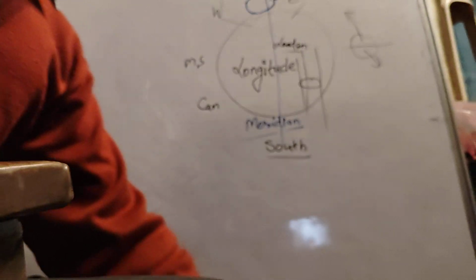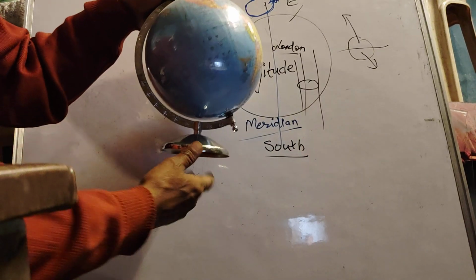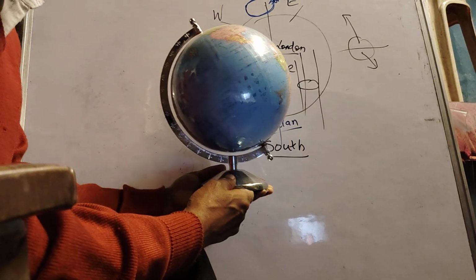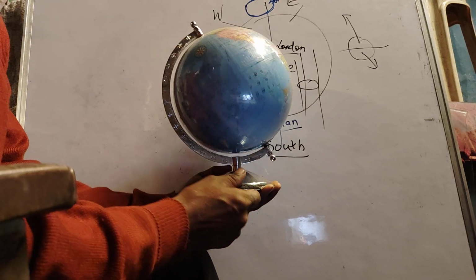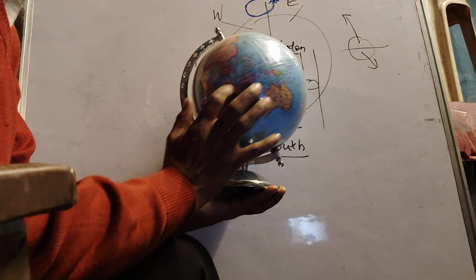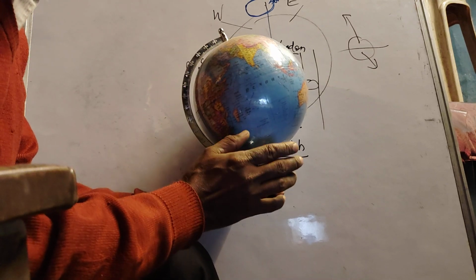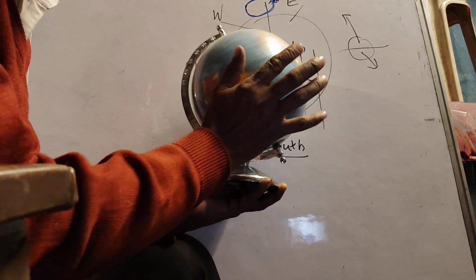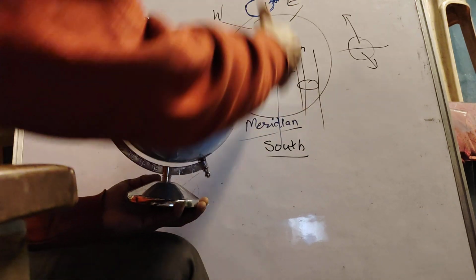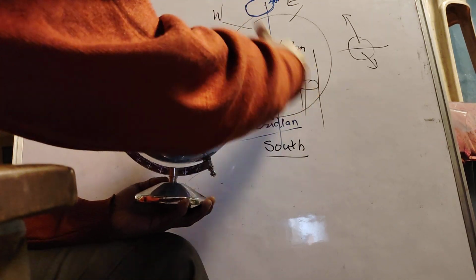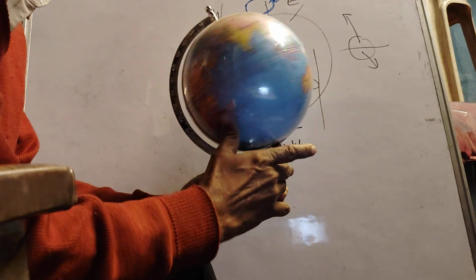Look at the globe. I have a globe. The model of the Earth is called a globe. It rotates. Do you know Earth is not rotating in a perfect 90-degree line, but is slightly tilted?